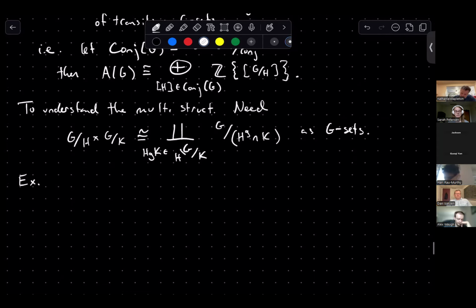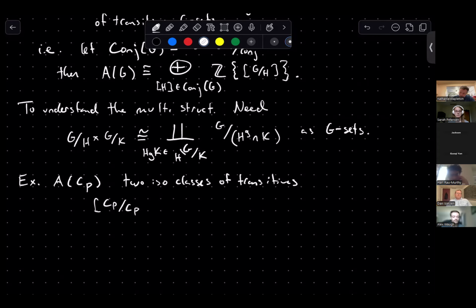But let's consider the next most interesting example, which is the Burnside ring of the cyclic group of order P. So in this case, we have two isomorphism classes of transitive G sets, and these are CP mod CP, otherwise known as 1 in the ring. And the other one is CP mod E. This is our new thing, and we'll call this X.